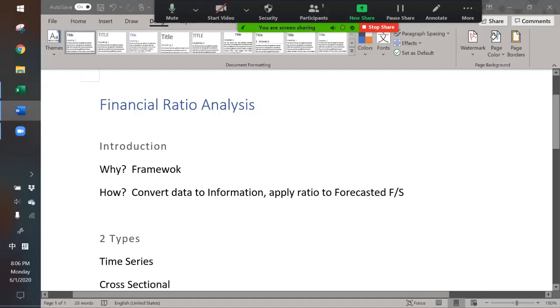Here, for valuation purposes, we will focus on time series data, but when you are doing relative analysis or industry analysis, you may want to look into cross-sectional data to compare your company's ratio with the competitors, and that will help you to identify the competitive advantage of the company. For example, if you see that your company's profit margin has consistently outperformed the industry average or the other competitors, that's a really good sign of the company's strengths in business.